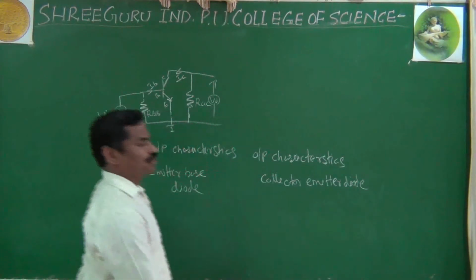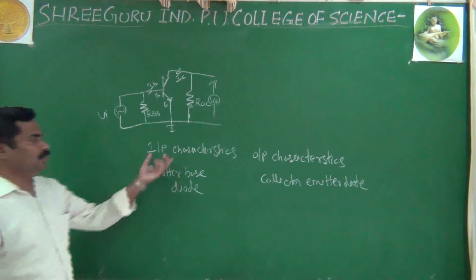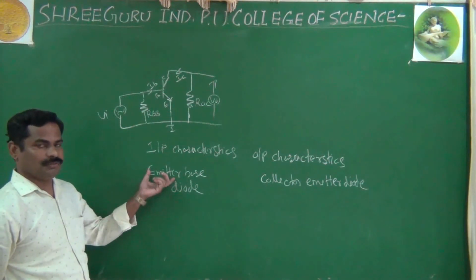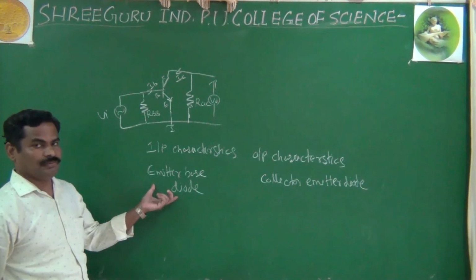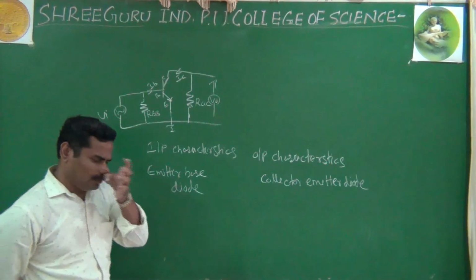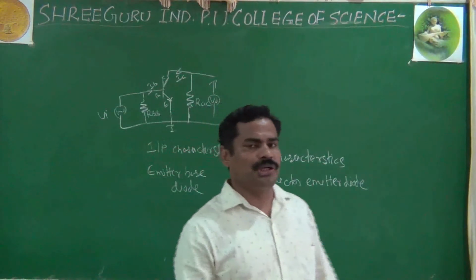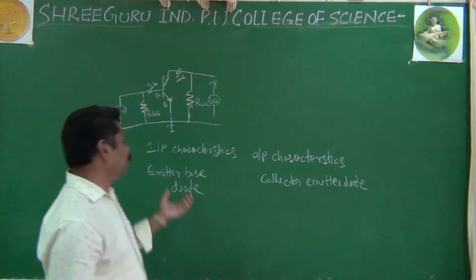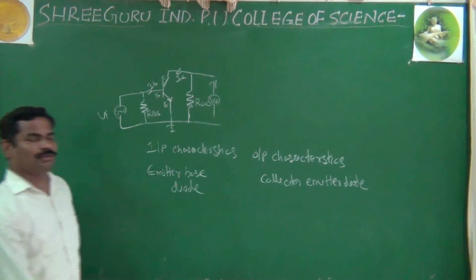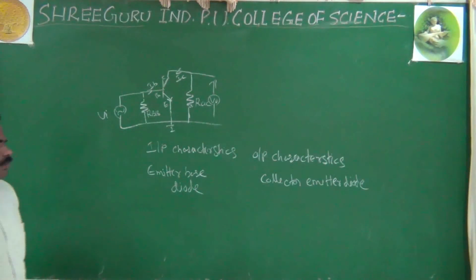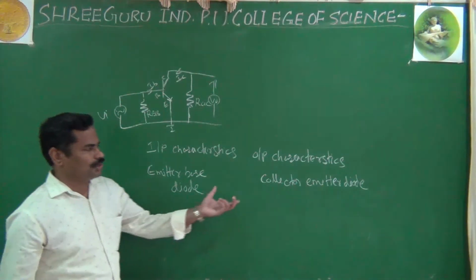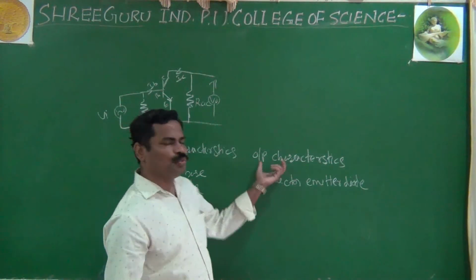Yes, when you studied the input characteristics, the emitter base diode is in forward bias, acting as a forward biased diode. As you know already, a transistor is nothing but two diodes connected back to back. So in the input you have the emitter base diode, which is forward biased. And you also studied the output characteristics.